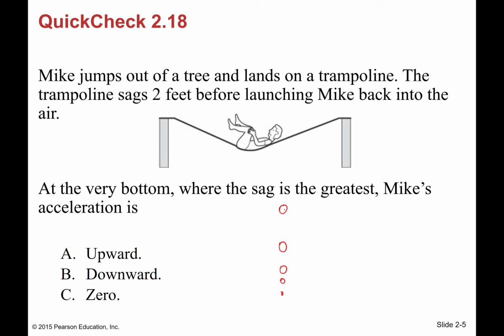So these are the velocity vectors, and the acceleration points up here, which slows down Mike. Now he's going to go up, so he starts here, from here to here, then here, and then there. So the acceleration is still positive. The acceleration is positive at all times.